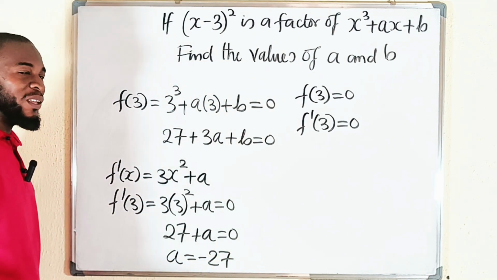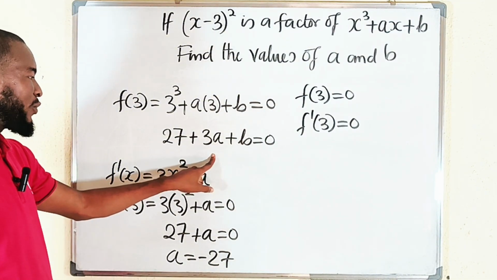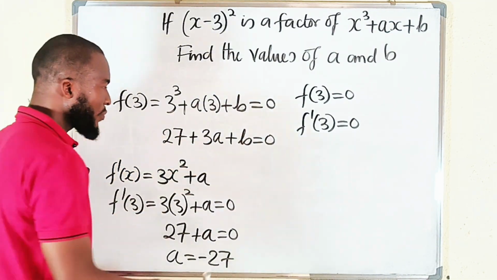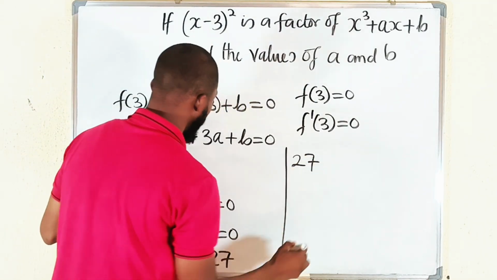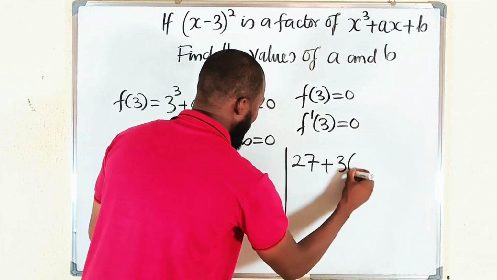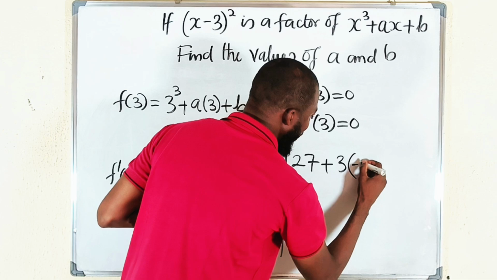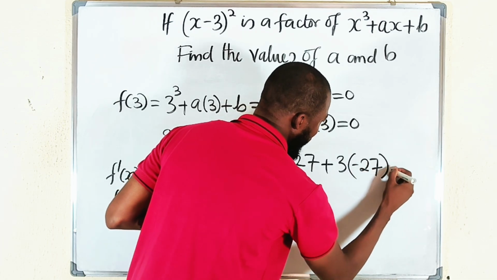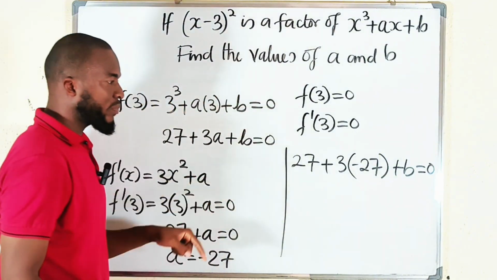We have just obtained the value of a. You can take this value back here and solve for what? B. So we have 27 here plus 3 times a. 3 multiplied by negative 27, right? Negative 27 plus b. This is equal to 0.